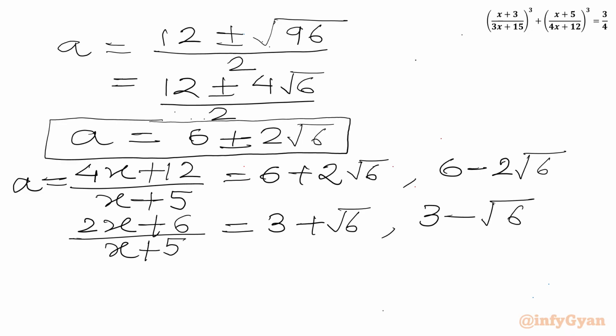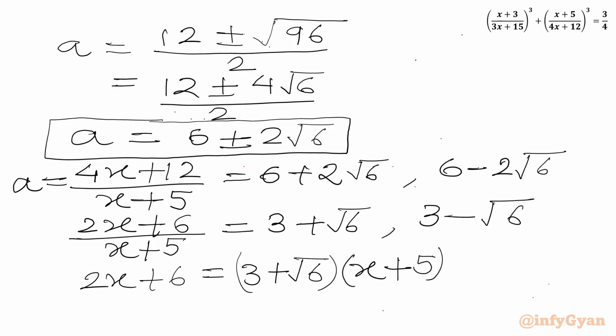So I have to frame two equations. So if I write our first equation, 2x plus 6, this will be equal to 3 plus root 6 times x plus 5.